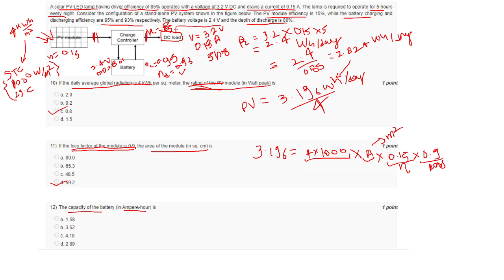Now to calculate the capacity of the battery in ampere hour. We know the energy consumed here by the battery. The capacity of the battery will be equal to your energy consumed, which is this much energy, divided by your battery voltage, your battery discharging efficiency, and your depth of discharge.